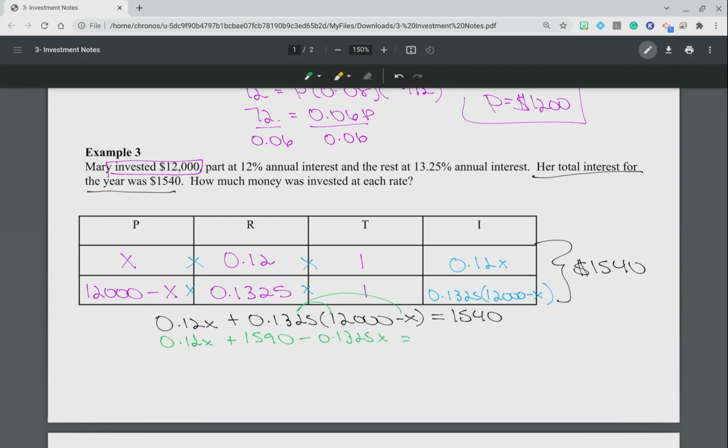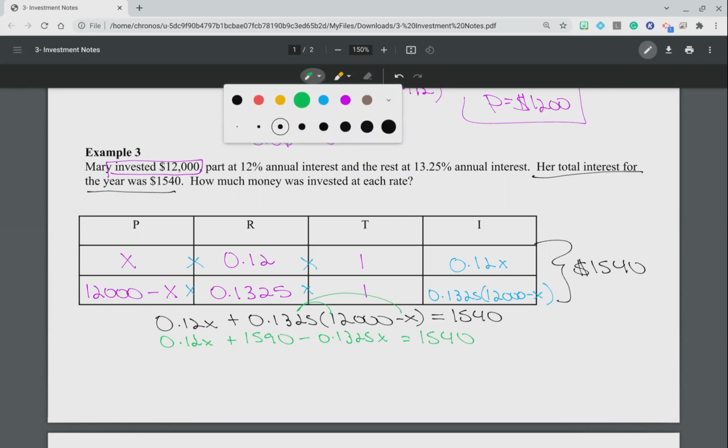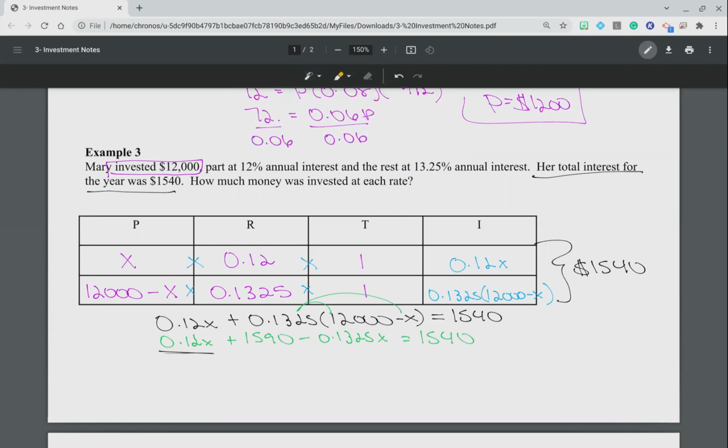And that's going to be equal to 1,540. Okay, let's combine like terms here. 0.12x minus 0.1325x. So type that in your calculator.